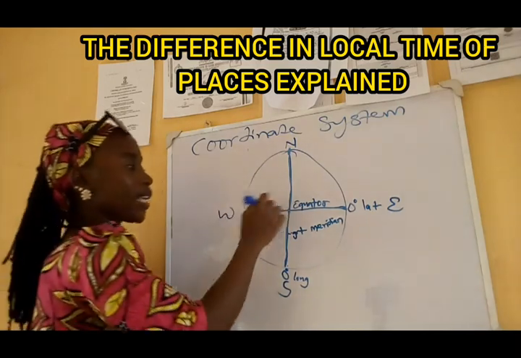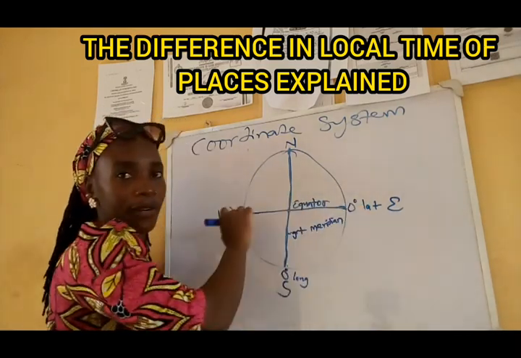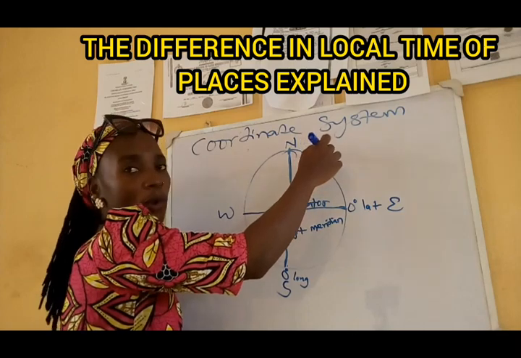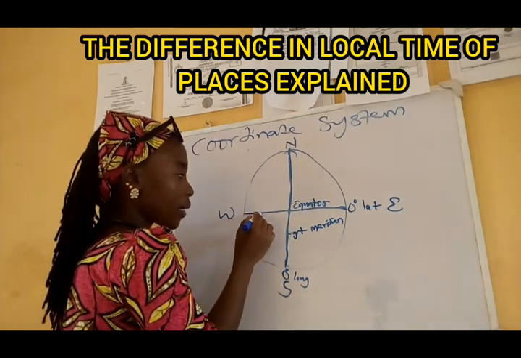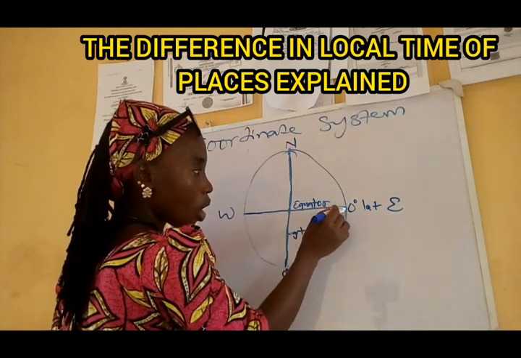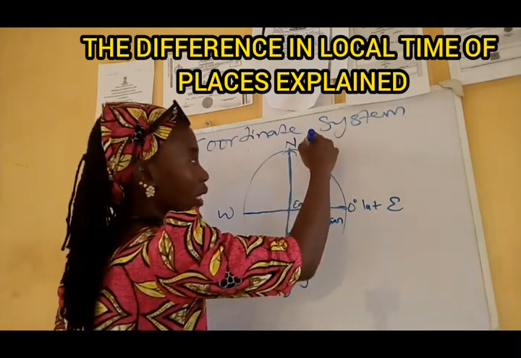Now, when you cut the Earth horizontally, you have what we call the northern hemisphere, from here up.